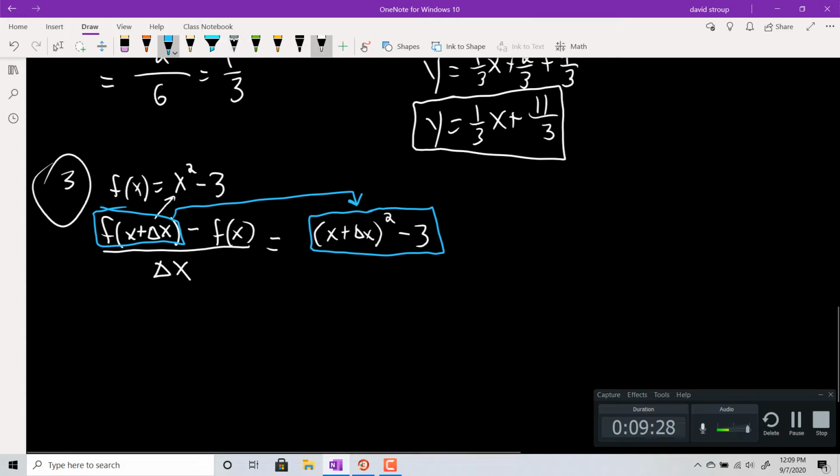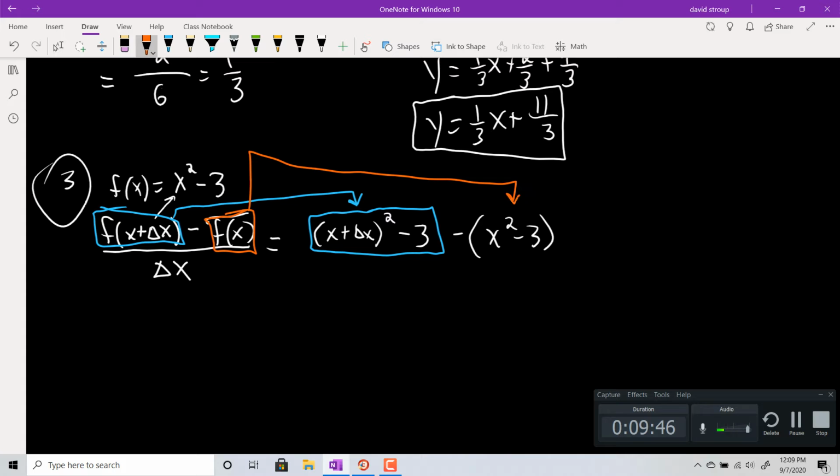And then I need to go minus f of x. So minus, and all of f of x has to be subtracted, so you're going to need some parentheses there. So it'd be (x squared minus 3). And of course, all of that is just this.